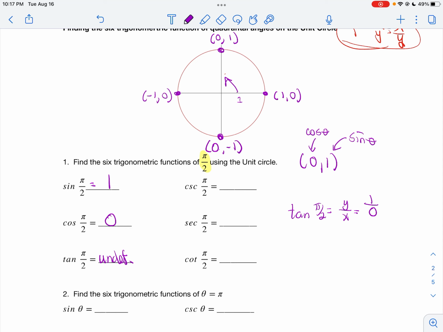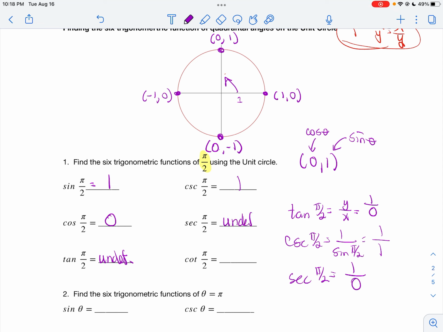To find cosecant of pi over 2, remember cosecant is equal to 1 over sine. And our sine is 1, so that's 1 over 1, which is 1. Secant of pi over 2 is equal to 1 over cosine of pi over 2, which is 1 over 0.